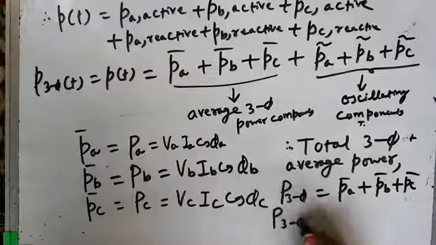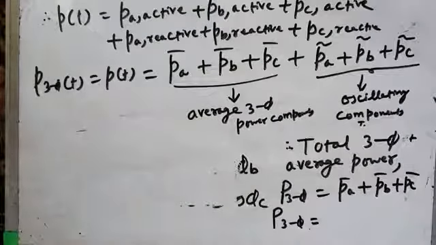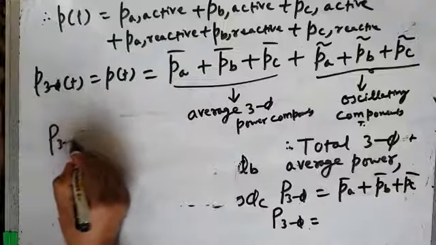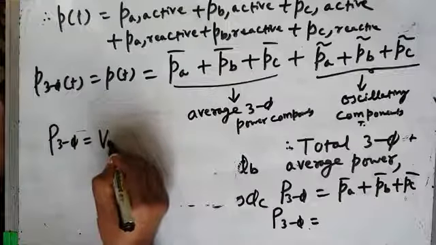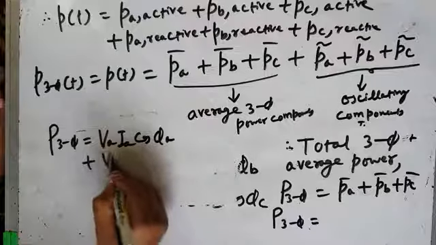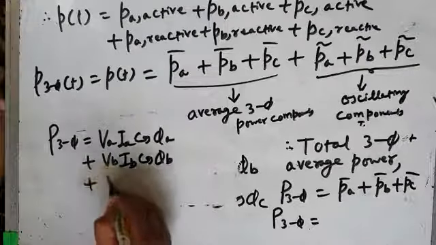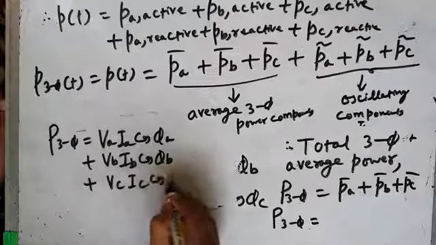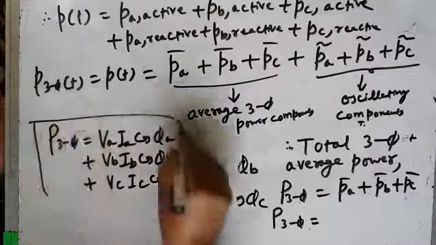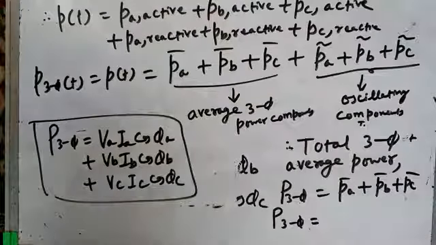So the total average power delivered to the load is VAIA cos phi A plus VBIB cos phi B plus VCIC cos phi C. Very important relation. This is the total average power delivered from the three-phase source to the three-phase load.